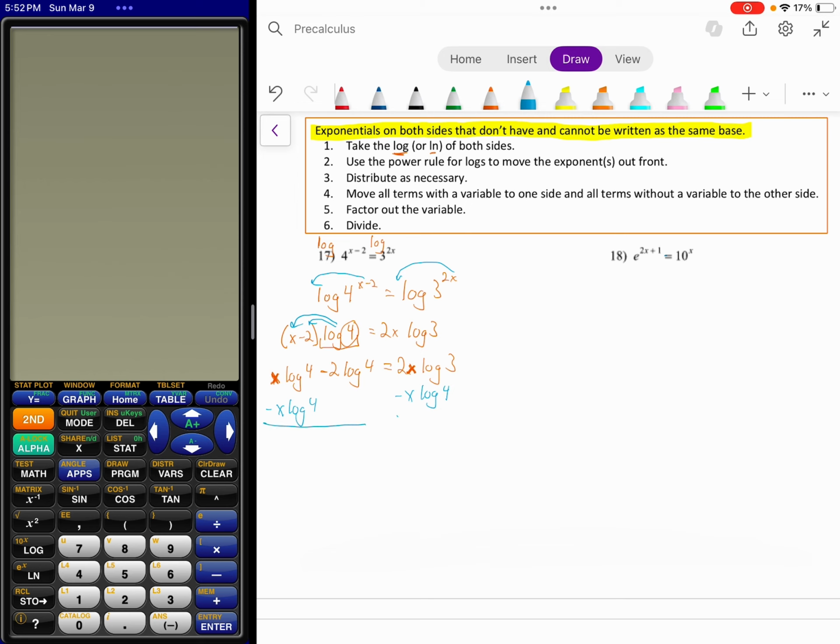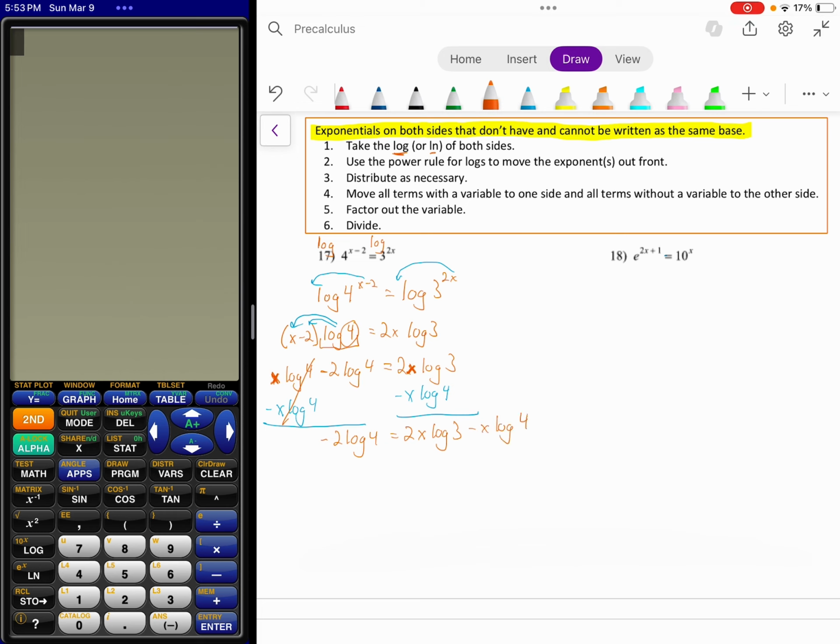On the left side, and don't lose negatives, this is gone. This is negative 2 times the log of 4, equals, these are not like terms because it's a log of 3 and a log of 4, so we just have to leave them separate. So 2x log of 3 minus x log of 4.